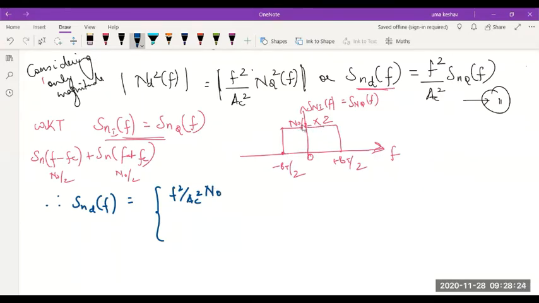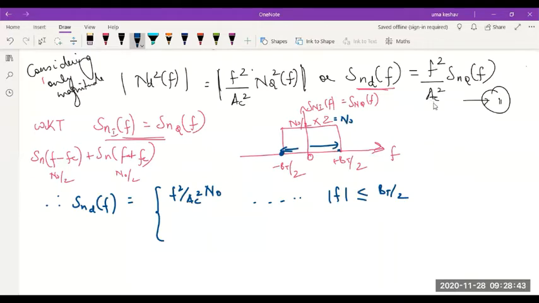N naught by 2 into 2, this value becomes N naught. And this is only in the range where f is less than or equal to Bt by 2. So only in this range, from here to here, the power spectral density value will be N naught.